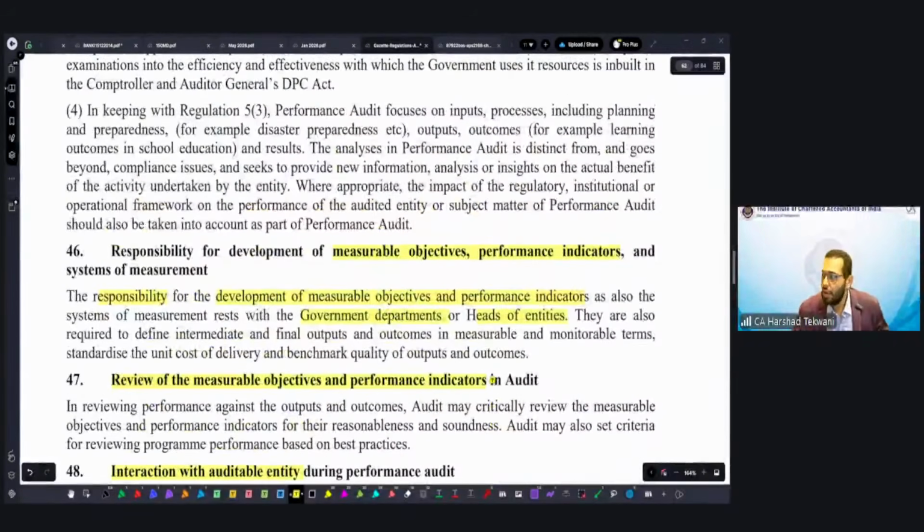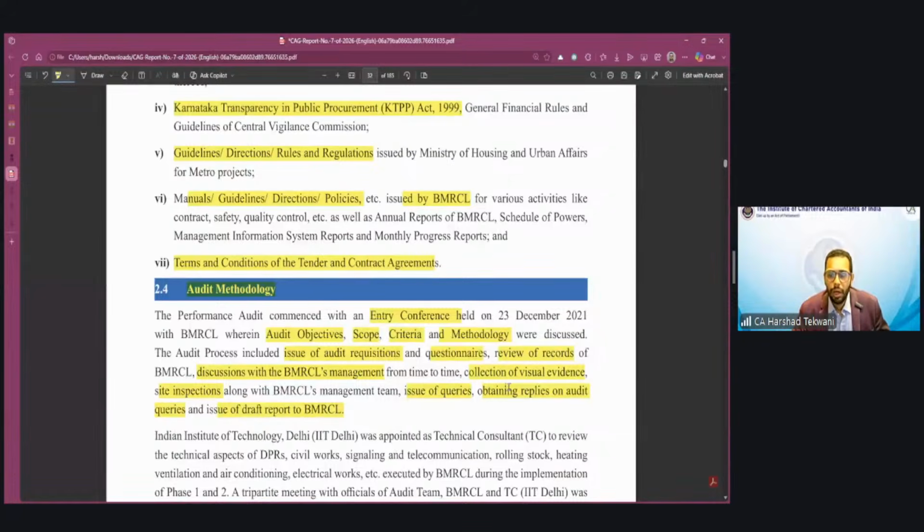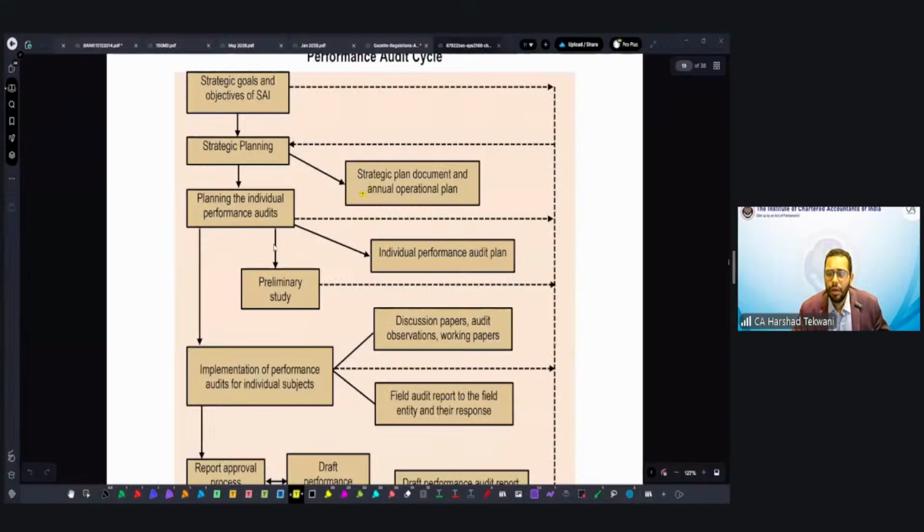But on an overall level, if you know the normal audit, this is not something different. It is the same. You do the planning, you do the relevant tasks which are there in the audit. For example, preparing the planning, understanding the objective over here. In audit, we understand the entity.